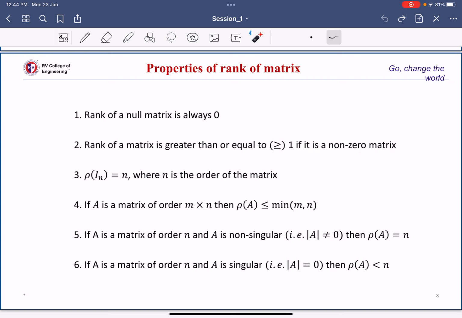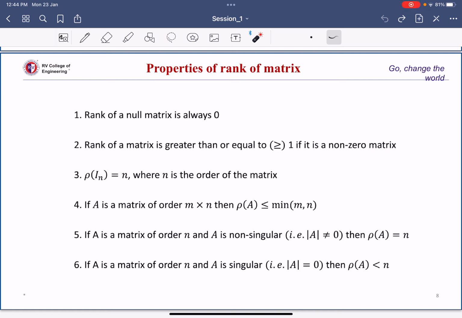Identity matrix is a square matrix whose principal diagonal elements are equal to 1. For example, the identity matrix of order 2 is given by 1, 0, 0, 1. So if I consider the determinant of this particular matrix, I'll get it as 1.